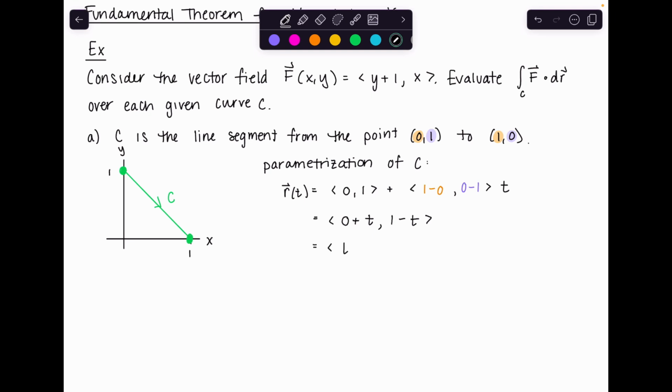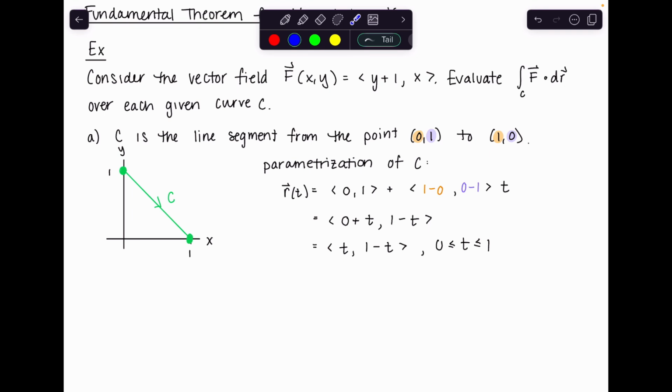So the vector function that defines C is (t, 1 minus t), and the t values will be between 0 and 1. The reason this way is nice is because when you plug in 0, that gives you (0, 1), the starting value. Then when I plug in 1, that gives me (1, 0), the ending value. And then I go along that curve. So this is my parameterization.